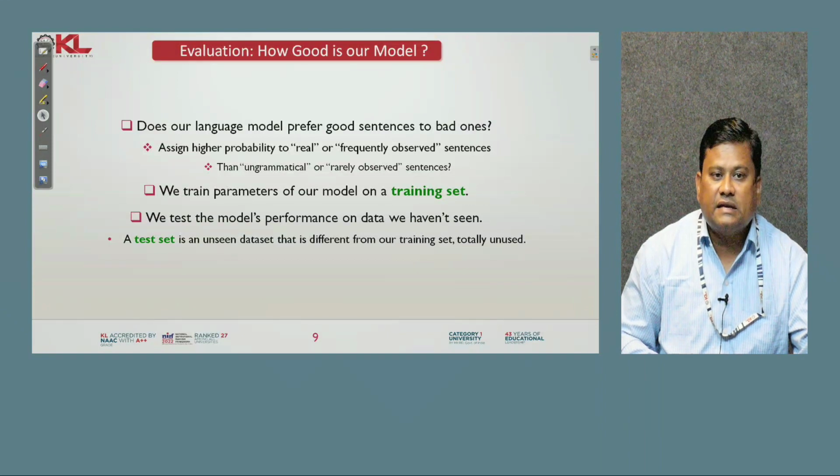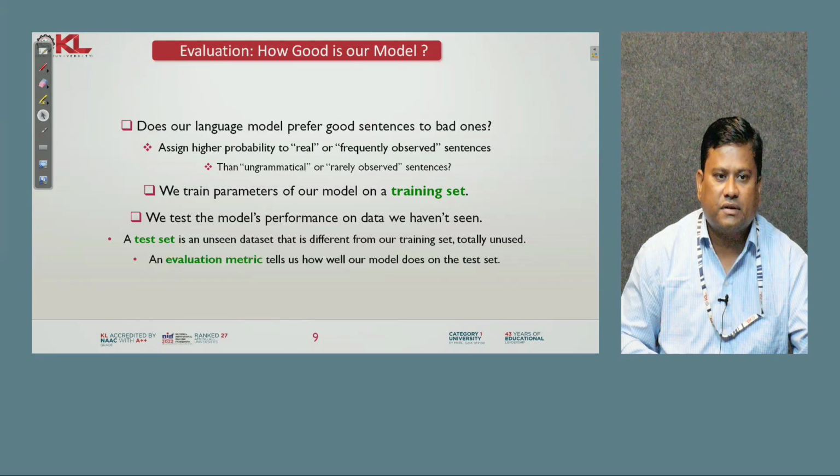A test set is an unseen dataset that is different from our training set, totally unused. An evaluation metric tells us how well our model does on the test set.